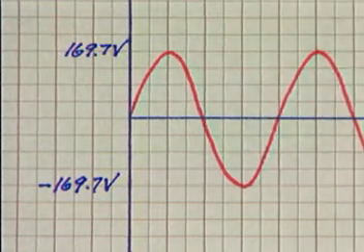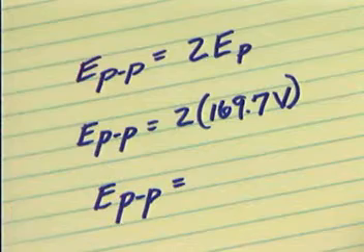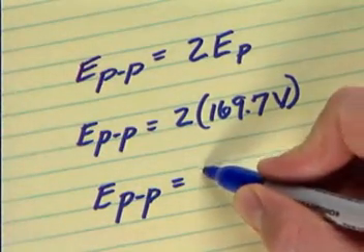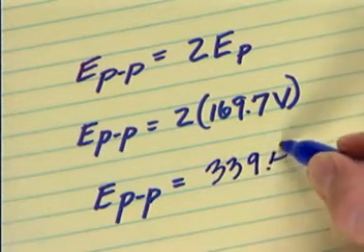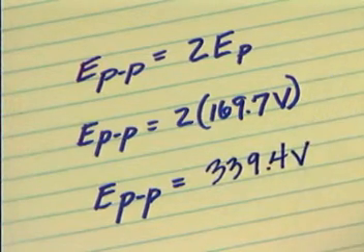What would the peak-to-peak voltage be? You can determine this by simply multiplying the peak value times 2, yielding 339.4 volts in this case. Shortly, you'll have a chance to look at some of these values on an oscilloscope. But first, let's talk about safety.